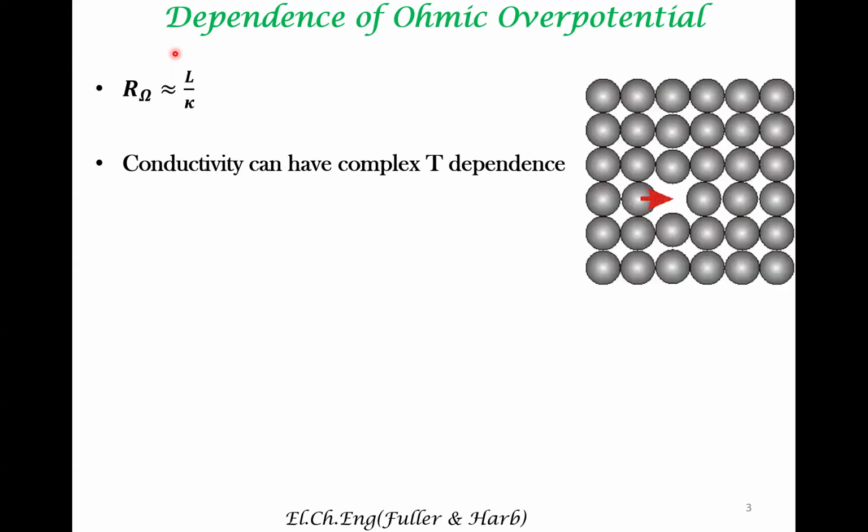We had seen that the ohmic overpotential can be expressed in this manner. Conductivity of the electrolyte has a complex temperature dependence. But in some cases, it can easily be rationalized, especially, for example, in an SOFC, solid oxide fuel cell, where the presence of a lattice, with discrete translation symmetry, makes it easier to think through conductivity of the anions.